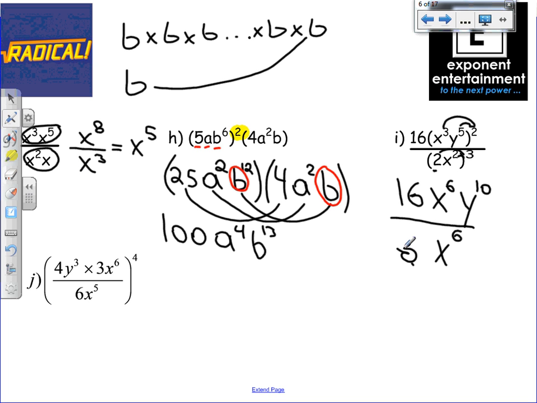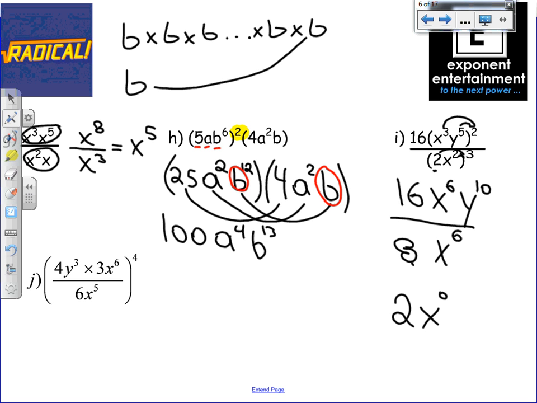We're not done. What do we have to simplify? We have to subtract what, Aaron? Our x's. And what do we have to do with our coefficients? Divide them. So what do we get when we divide them? 2. And Aaron was right about our 6's. What do we do with that? So 6 minus 6 is 0, and anything to the power of 0 is 1.